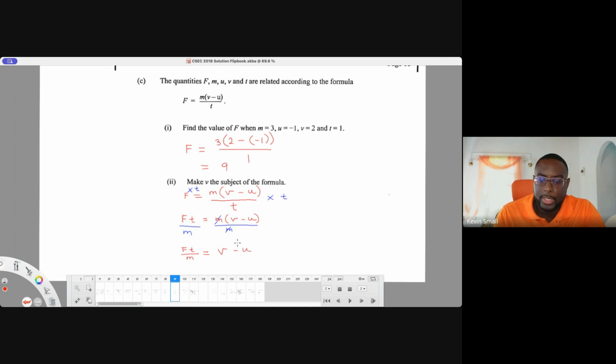This is where I think Vivian has stopped, but Omara finished it. To get V, the subject, you have to carry over, or I should say add U to both sides, but you all know that I say add to both sides.